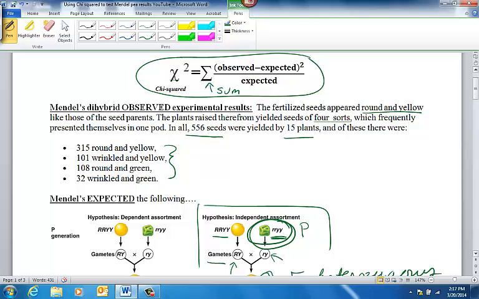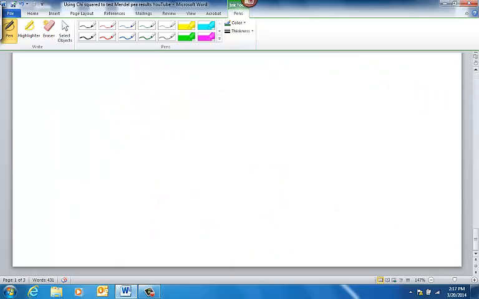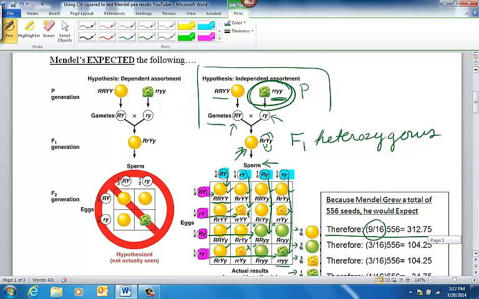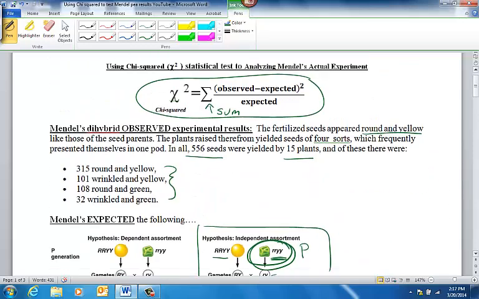Independent assortment. Now, when Mendel did his experiment, he had 556 offspring produced when he bred round yellow plants with another round yellow plant, but he knew it was the hybrid, big R, big Y, little y, crossed with big R, big Y, little y.